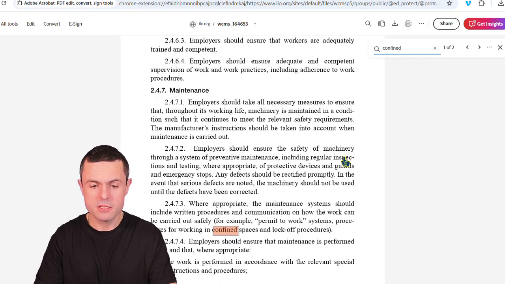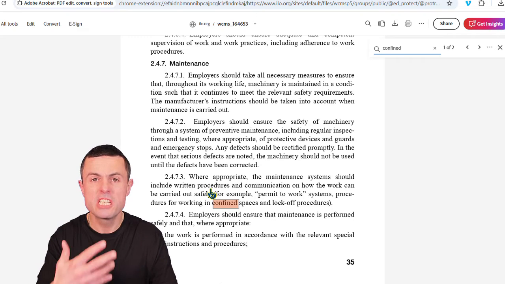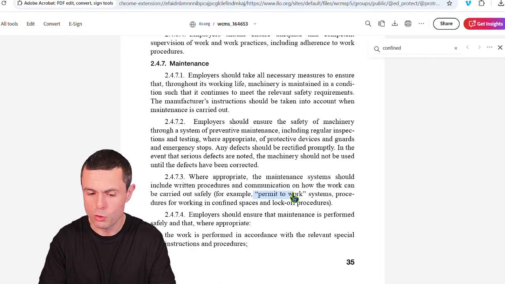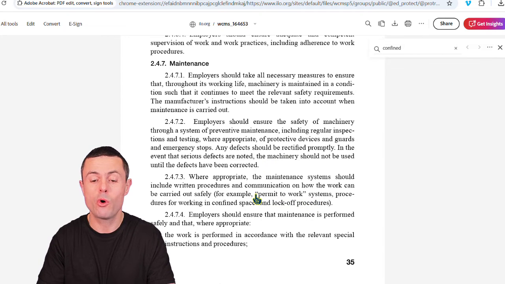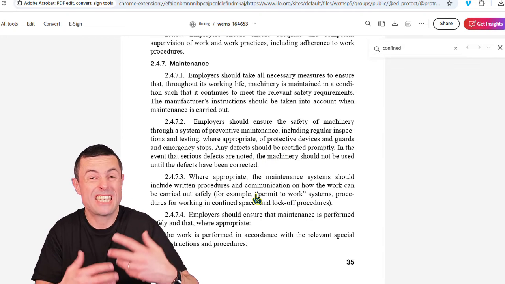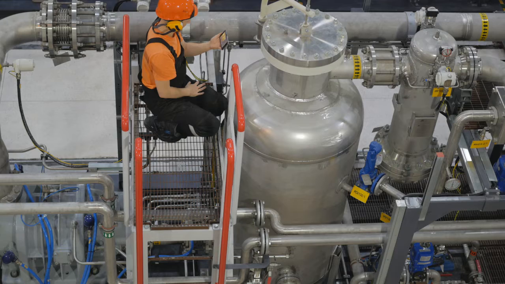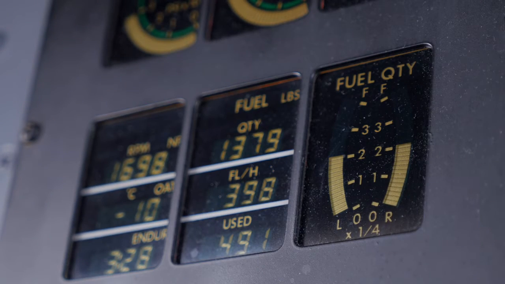In this maintenance section, it talks about having a procedure to enter the confined space. Now here it talks about permit to work, lock-off procedures, lockout, tag-out. So if your action is in relation to a safe system of work, lockout, tag-out, permit to work, or even gas testing, gas monitoring, oxygen monitoring, you could say that's a system, isn't it? That's a procedure for working in the confined space. So you could use that.